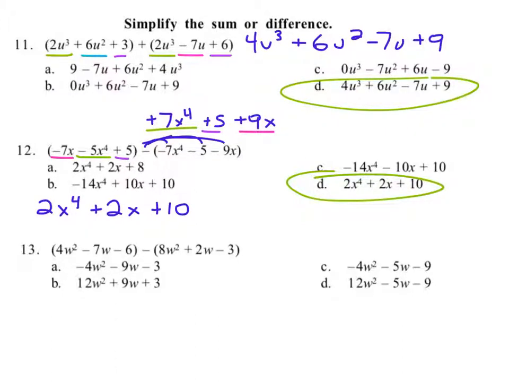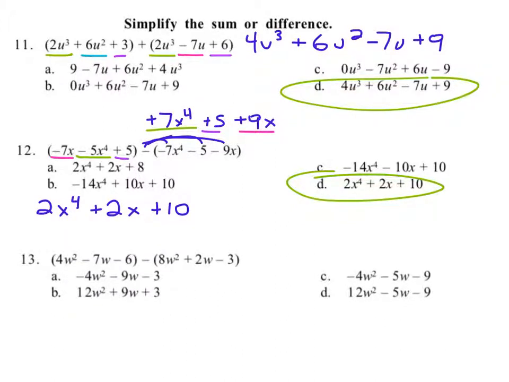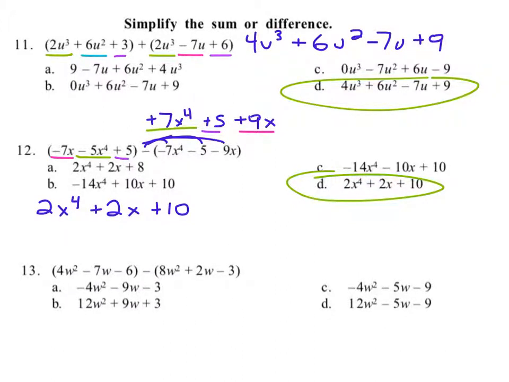And again, one more time, for number 13, let me move this down a little bit to get some space. We are subtracting right there. So that means everything in the second trinomial will change sign.